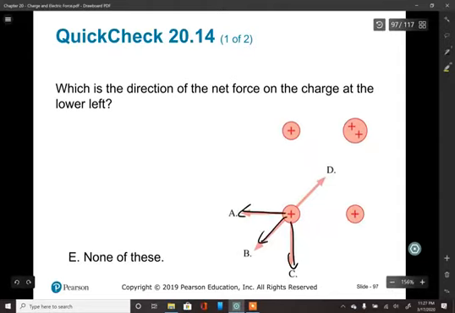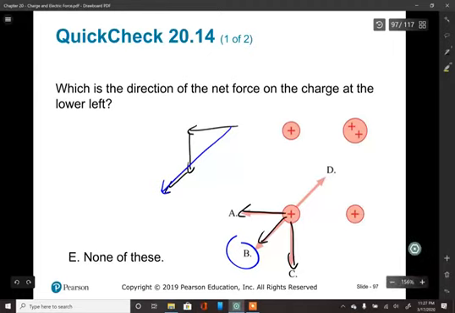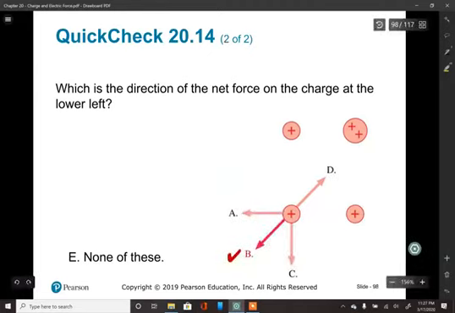From the diagonal charge, there's that force. If I take those 3 vectors and add them up, head to tail, my vector sum points like that, which is option B. I didn't need to actually use Coulomb's law. I just had to do vector math and remember that opposites repel.